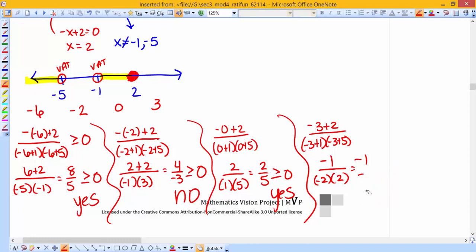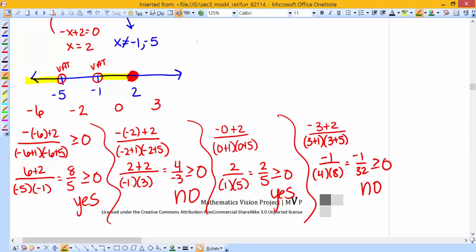Oh, I made a mistake. I'm sorry. I am tired, you guys, and I am sorry. This is +3 plus 1. Some of you are probably getting really frustrated because you probably wrote all that down, and I'm sorry. This is -1 and 4 and 8. This is -1 over 32. Is that greater than or equal to 0? No. Okay, now I just need to write my solutions based off of my number line.